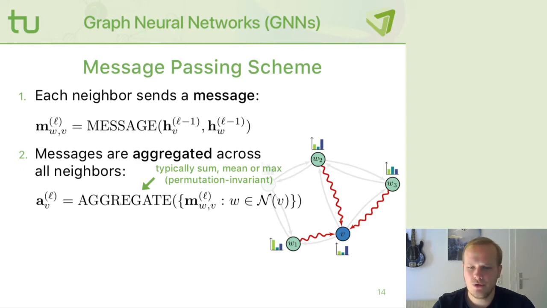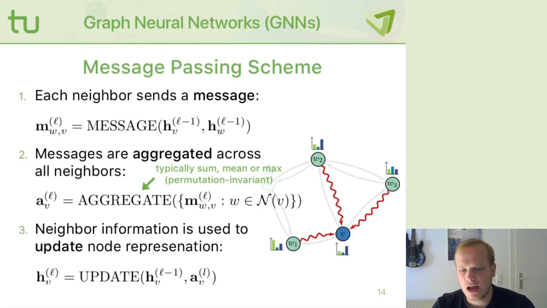Here it is important to note that this aggregate function is typically modeled as a permutation invariant function, meaning that its output does not depend on the ordering of nodes. Typical examples for permutation invariant aggregations are sum, mean, or max aggregation. Last, the output of the aggregate function is used to update the hidden node representation of a node from the previous layer.